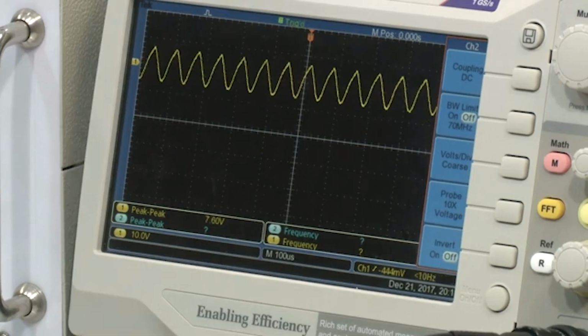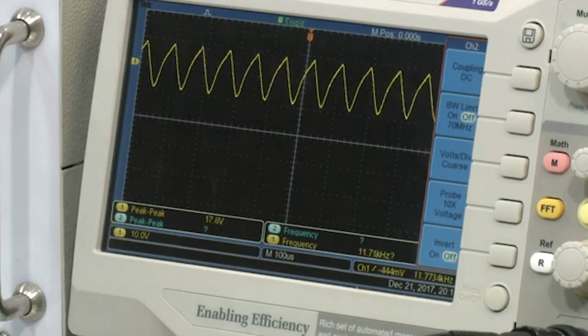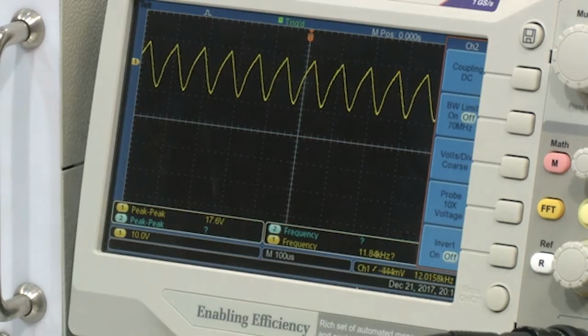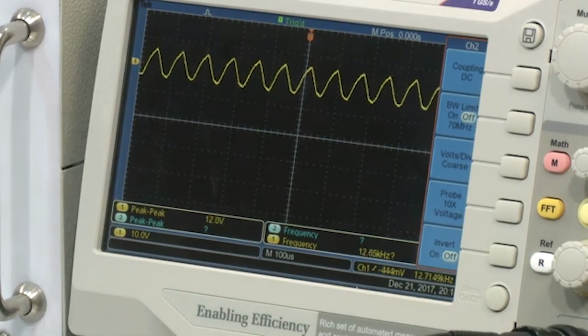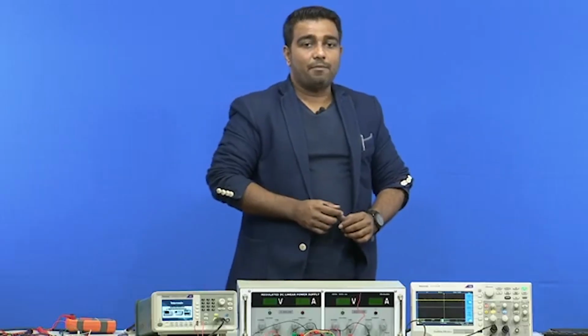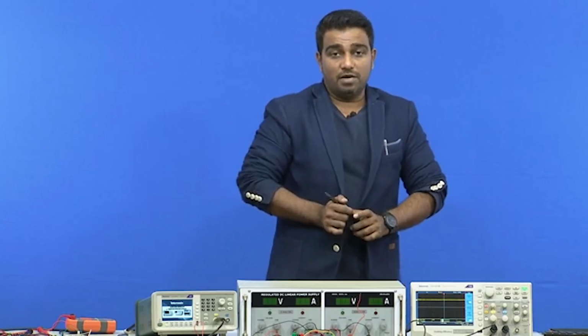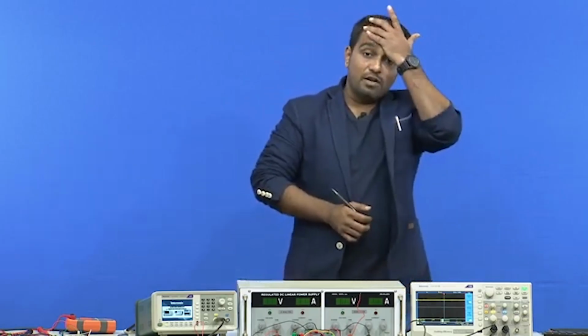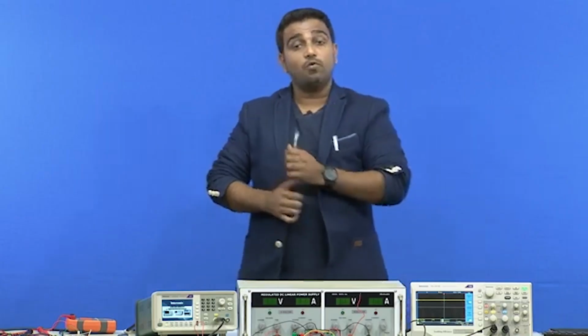Alright. So, what I understand is, now you at least know how a Wein bridge oscillator works, and what will happen if I keep changing the values of resistors. Can I design a Wein bridge oscillator? Yes. We have taken two examples.